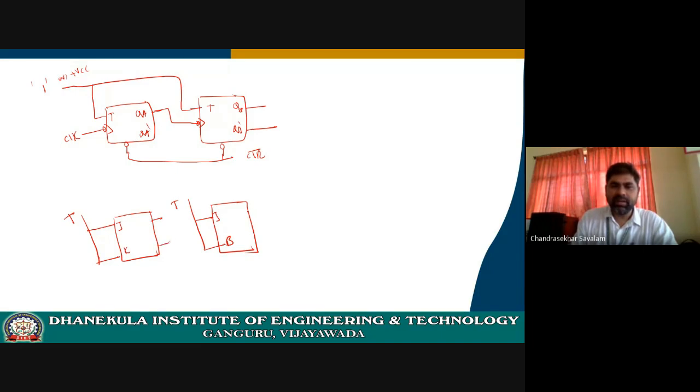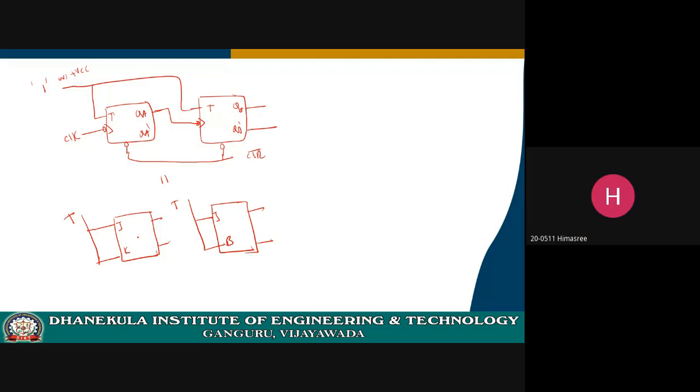Don't confuse: if you take T directly, that means internally J and K are shorted. Most textbooks design the T flip-flop using the JK flip-flop because there is no direct circuit available for it. Simply by shorting J and K, you get a T flip-flop. That's why all commercially available ICs are JK flip-flops only. Understand, students? Yes, sir.